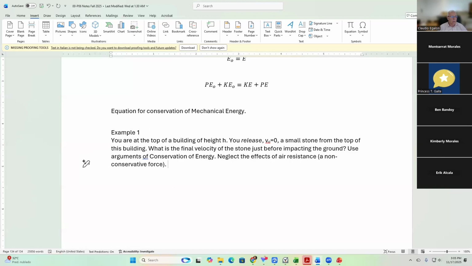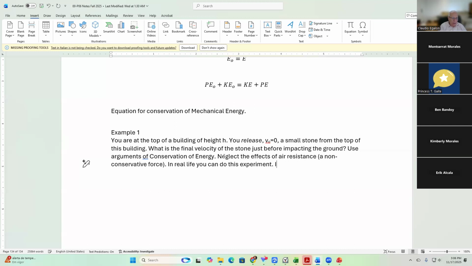So you can do this experiment in real life. You go to the top of a building and release a small stone from the top of the building. The moment you release, you start timing how long it takes for the stone to impact the ground. When you see the stone impacting the ground, you stop your clock.